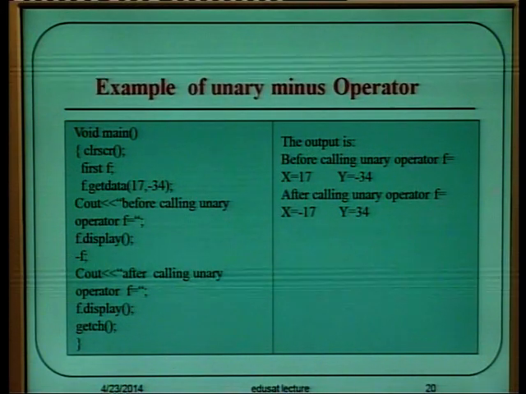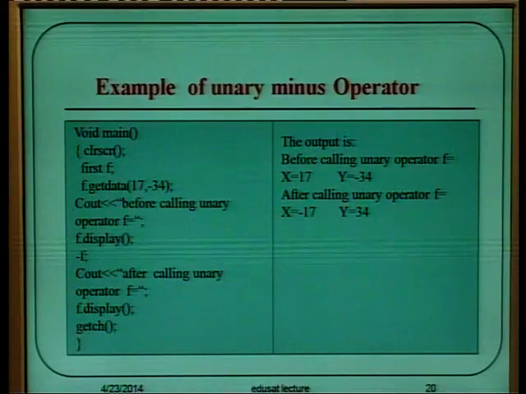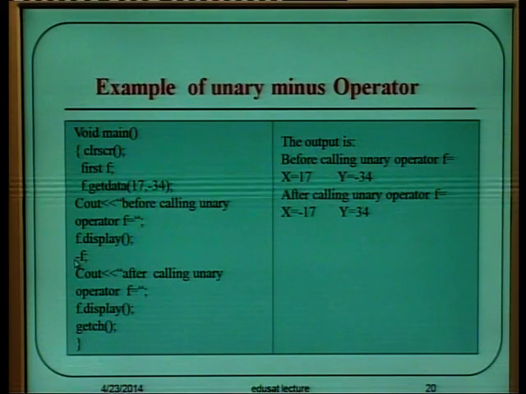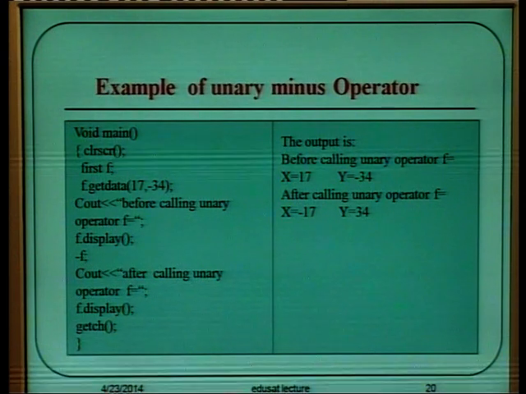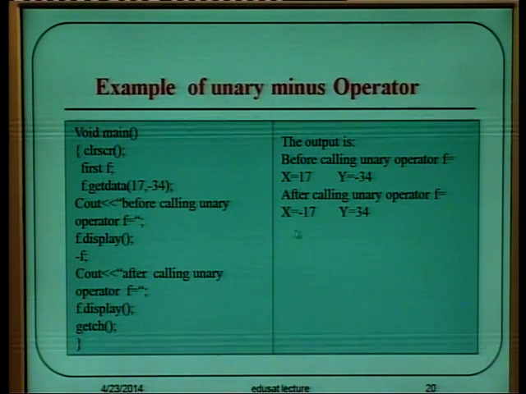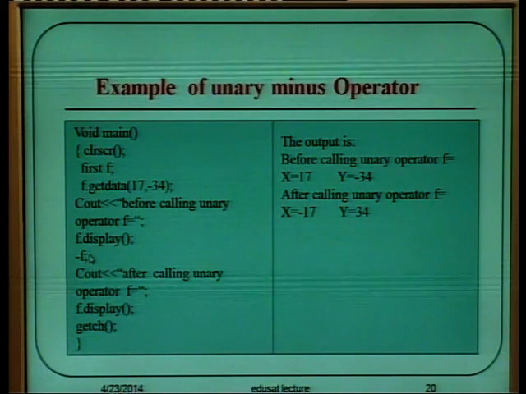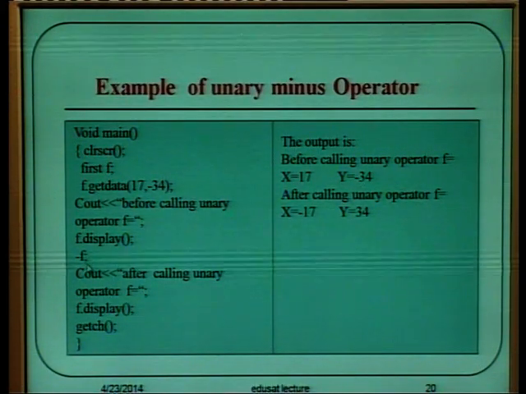There is no other rule for calling operator overloaded functions. We just place the operator, then the object. The object is f and the operator is minus, so minus f semicolon. That means here is the calling of the function.